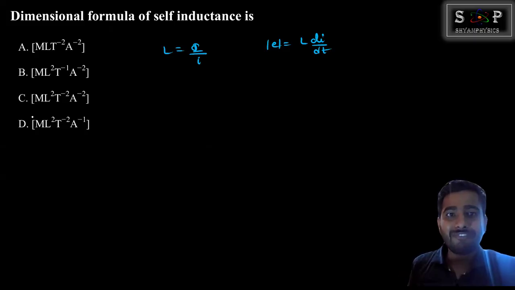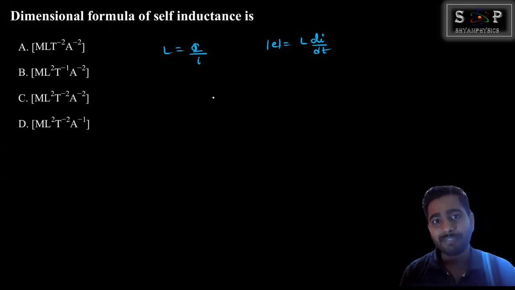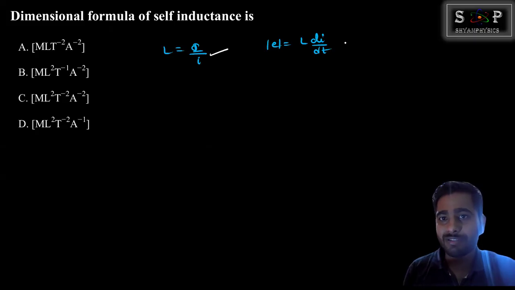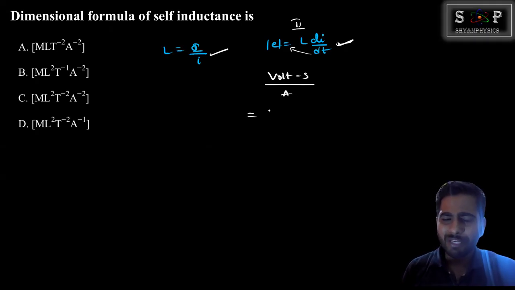Dimensional formula for self-inductance. Yes, self-inductance we can calculate by using these two formulas. I suggest this second one for easy calculation. EMF means volt, time means second, divided by ampere. From here volt is work done by charge, here it is time, it is ampere. Correct?